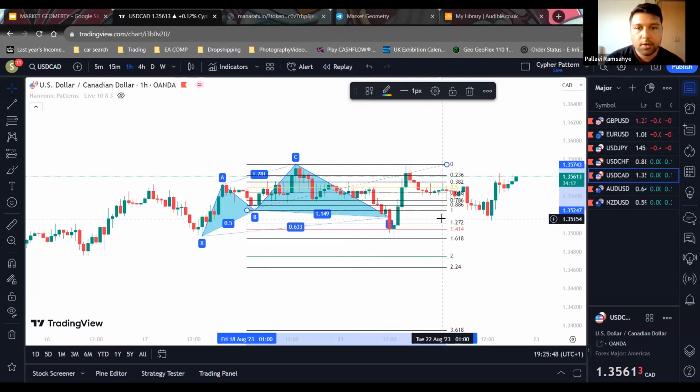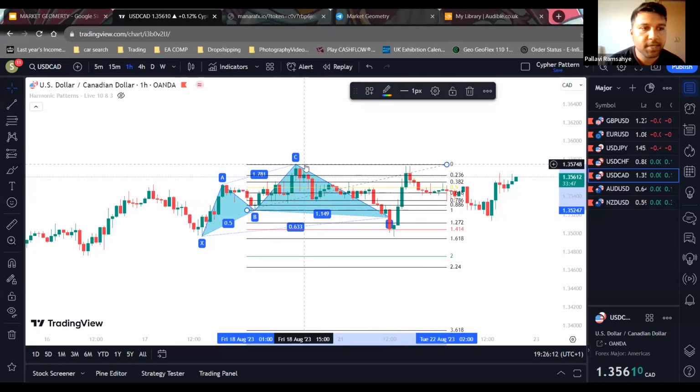Yeah. So we're looking for price to fall between these two zones. So from this point here to this point here, 127.2% and 200% as well. Okay. So that's where we're looking for the price action to come to.